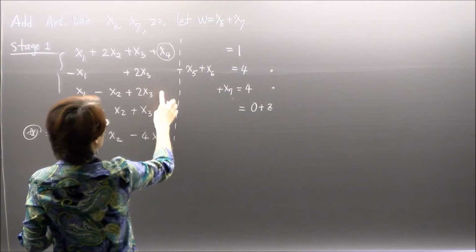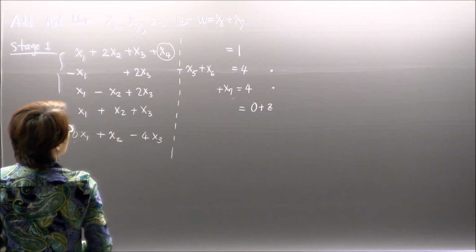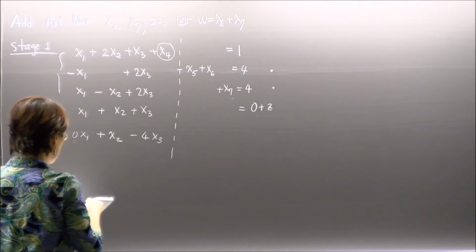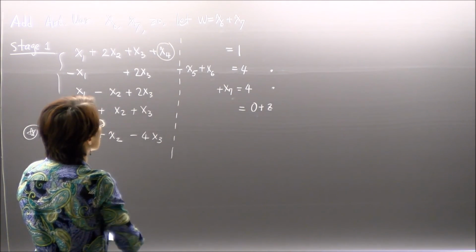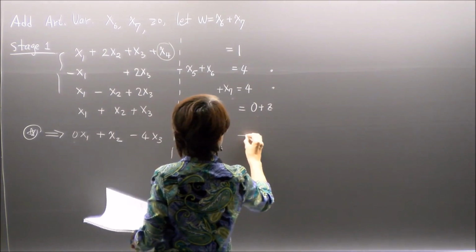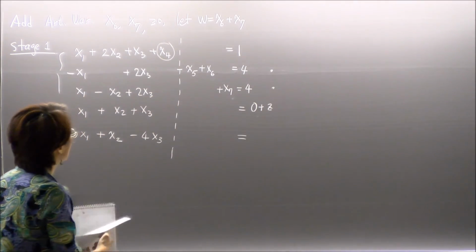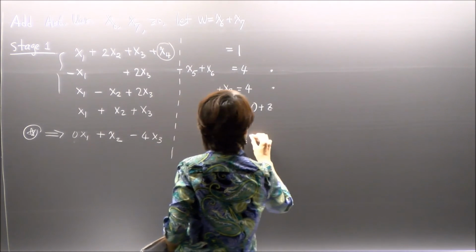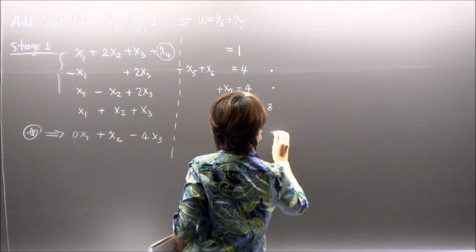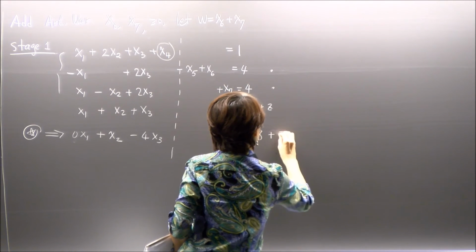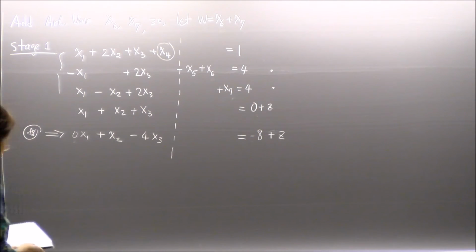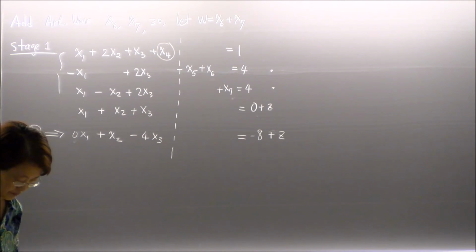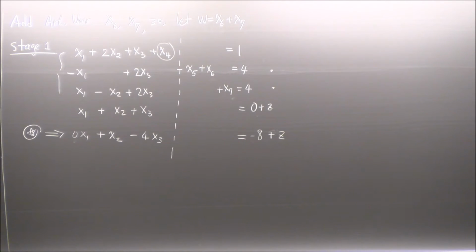And then x4, there's nothing, I have 0 plus 0. And then the right-hand side, I have 4 plus 4 is 8. I need to put the negative of it.